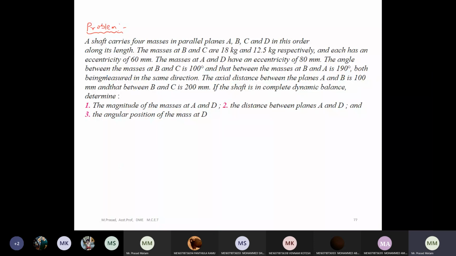First, always write the data they have given before solving. Okay, solution. So you are having four planes A, B, C, D.